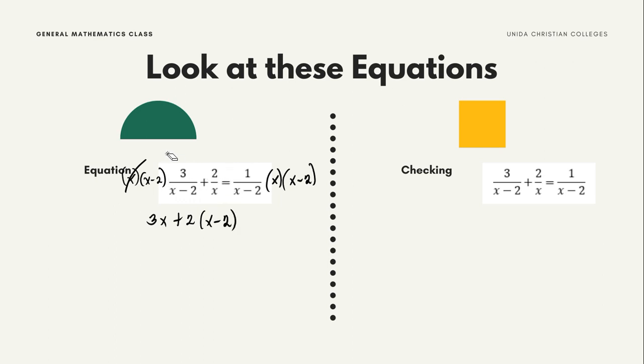And then on the right side, we have this one. Again, the same term x minus 2, so you cancel it out. What remains is 1 times x. Okay, so you are finished with letter C, which is clearing the fractions.